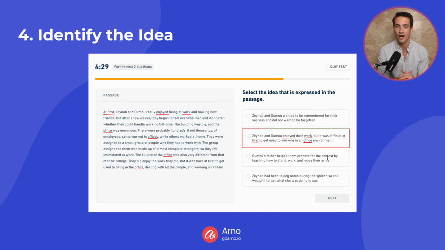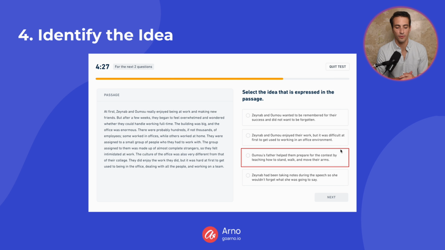And when we read the option and understand it, we'll see that it makes sense. That is exactly what the passage is talking about. It's talking about how it was challenging or difficult for Zainab and Omu to start working and to become accustomed to being in an office. So I feel very good about that option, but let's eliminate the others.